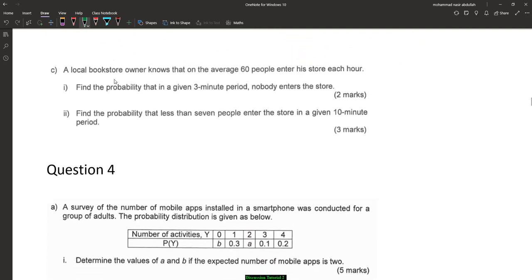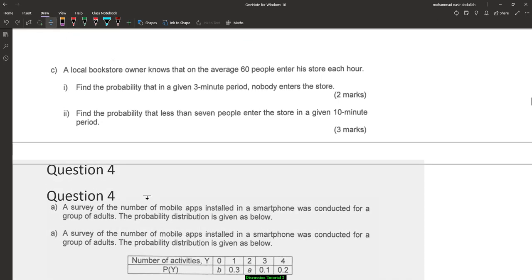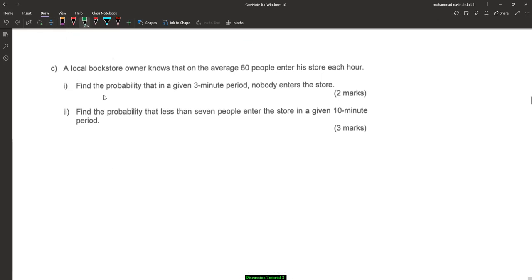So let's look at C. A local bookstore owner knows that on average 60 people enter his store each hour. By reading the first statement, we know this is a Poisson distribution. So lambda is equal to 60 people per hour.